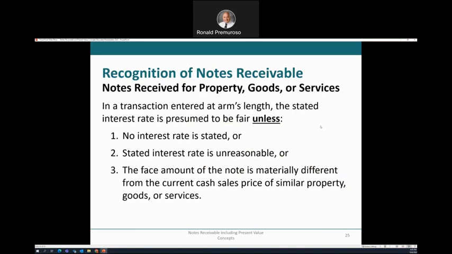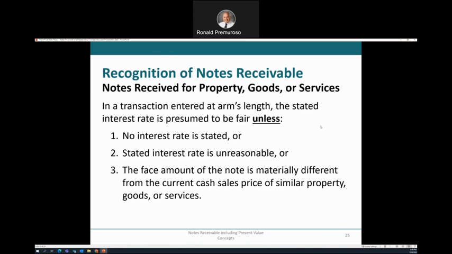Now, with regards under GAAP to the recognition of notes receivable, where the notes are received for property, goods, or services, in a transaction entered in between two parties at what we call arm's length, the stated interest rate in the note agreement is presumed to be a fair interest rate between two parties, unless, number one, no interest rate is stated.